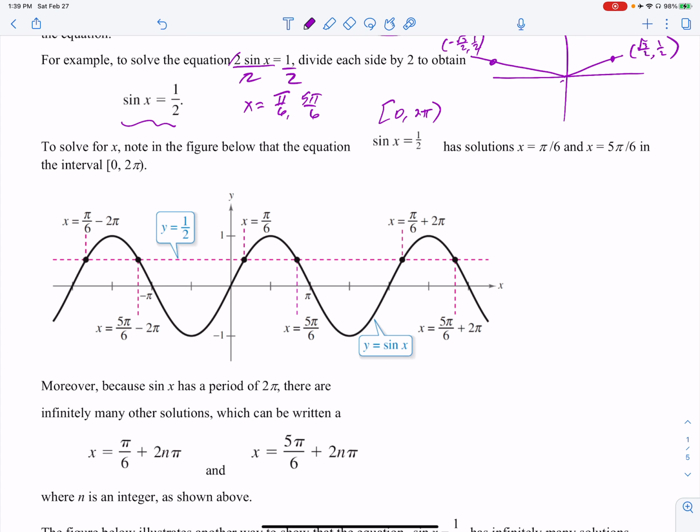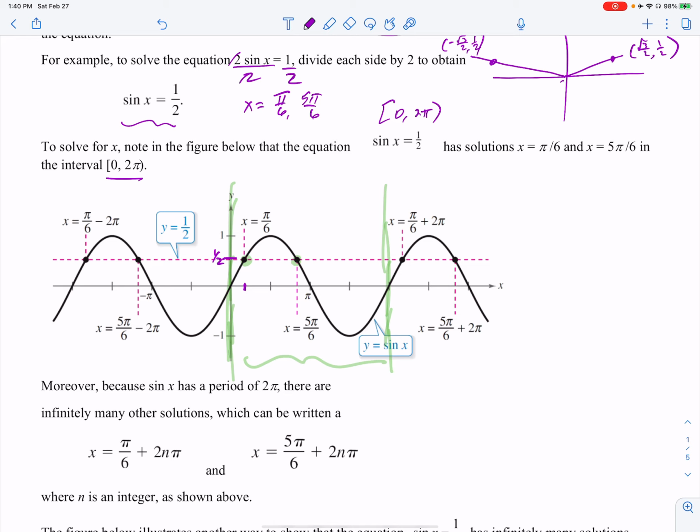So here we have a graph, and if I look at just the interval 0 to 2 pi, which would mean from here and then 2 pi is here, just within that first rotation of a full circle, I have 2 places where the height of the sine graph is at 1/2, because this right here is at 1/2.